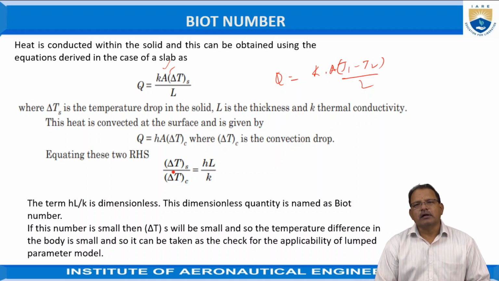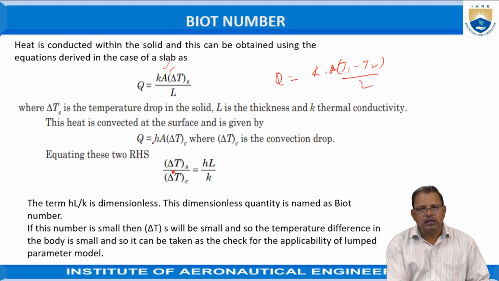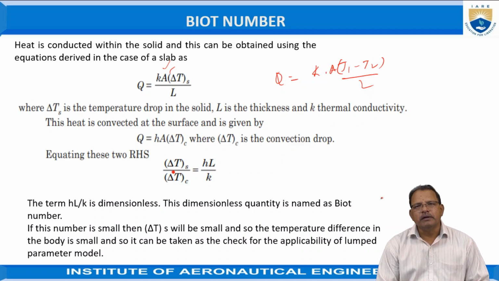If the convection process is taking place, from the surface to the air or any liquid, it can be determined using the relationship Q = hA ΔT_c, where c represents the convection process, ΔT is the temperature drop between the solid surface and the surrounding fluid, A is the surface area, and h is the coefficient of convective heat transfer.